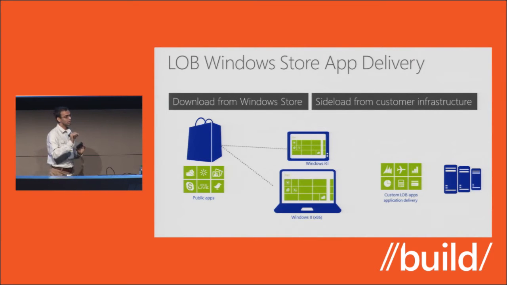Number one is you can enable your machine for side loading. And it's for Windows Pro, Windows RT, x86, x64, Enterprise, all of them. You can enable that machine for side loading through a few simple steps. And once you do that, it's a simple PowerShell script, Add-AppxPackage, that the employee can run on his machine to install that specific app, which is internal to his organization, let's say the approval app or a CRM app, and get it running on his machine.